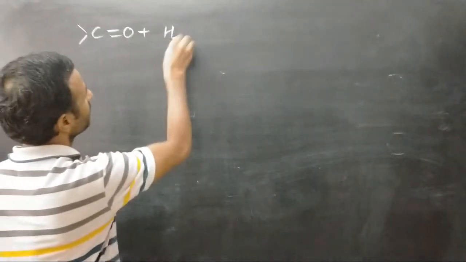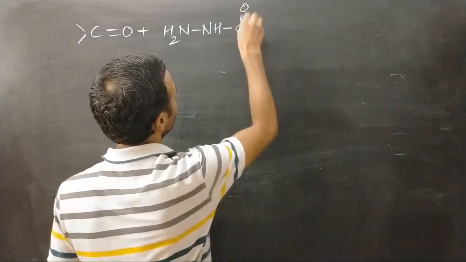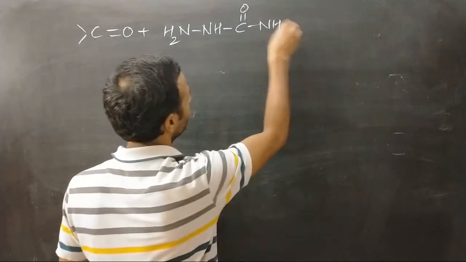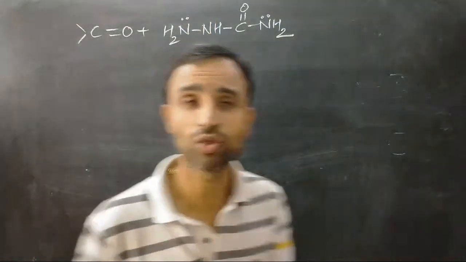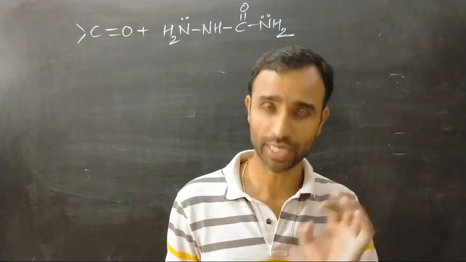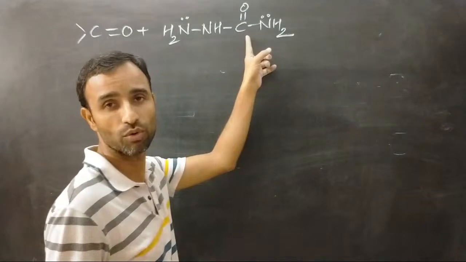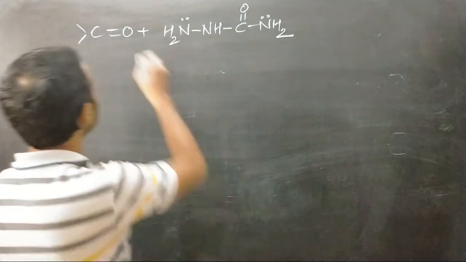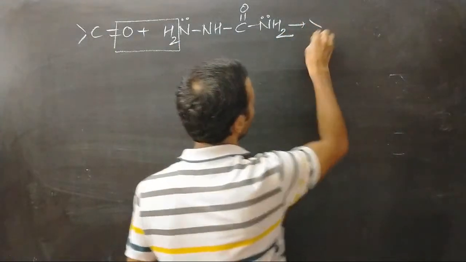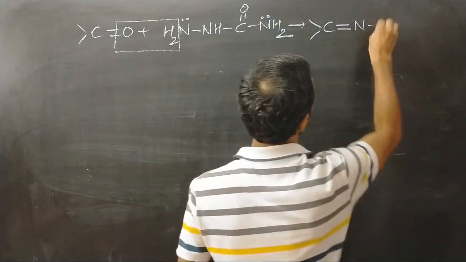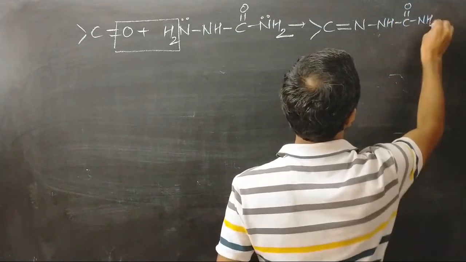In semicarbazide, it is somewhat tricky. See, it has an NH2 group on both sides, but only the NH2 group which is away from CO is reacting to give semicarbazone.